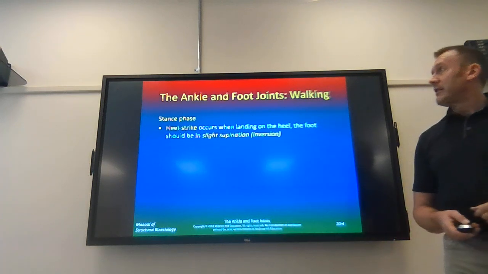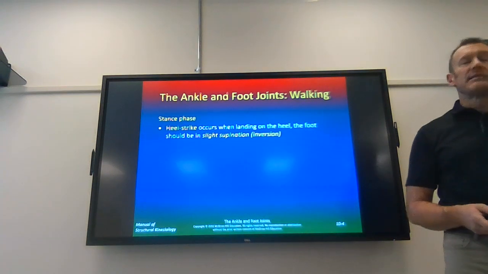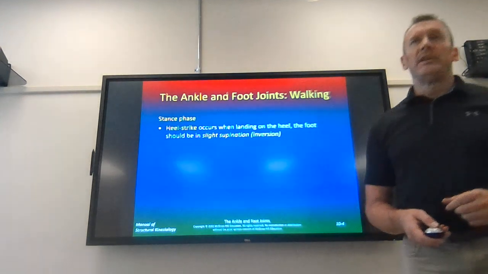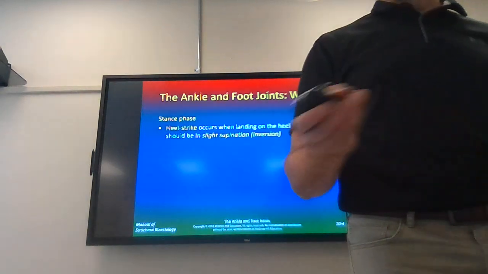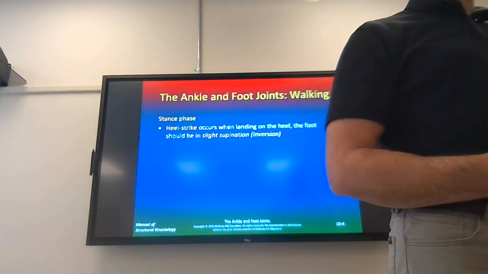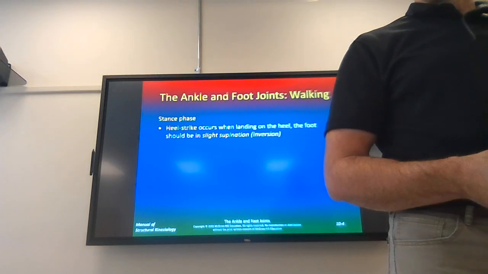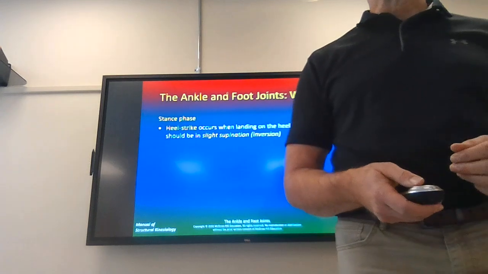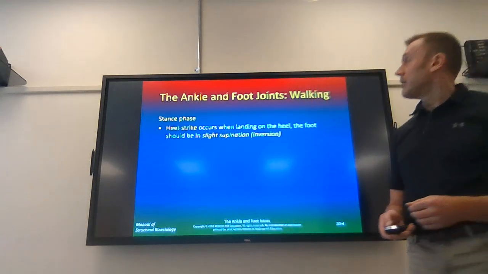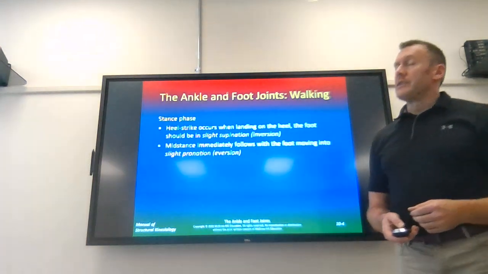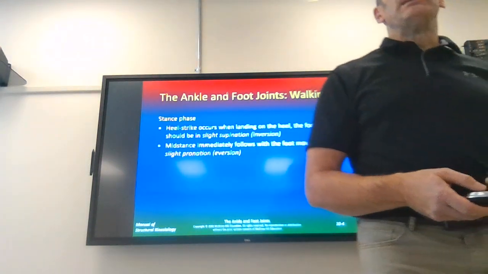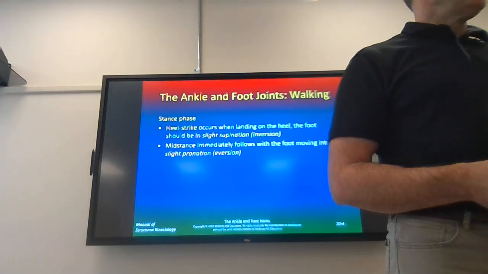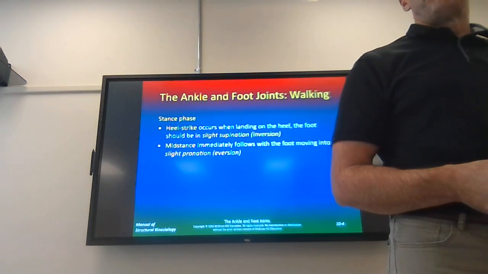So the heel strike happens when the foot is slightly in supination. So supination and inversion of the foot, you can consider those being the same thing. So slight amount of supination is as the heel contacts the ground when we walk. As the foot rolls into the mid stance, the foot changes its position to be slightly pronated.